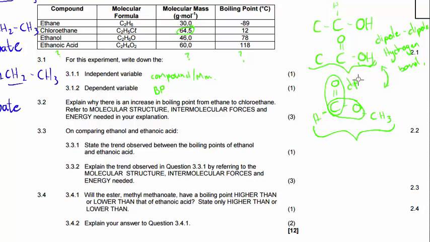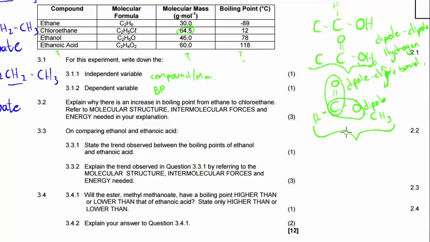Well, which is stronger? Dipole, dipole, or... Because what's the difference? This one has two dipole forces, and that one has a dipole and hydrogen bond. So the question is, which is stronger? Dipole or hydrogen bonds? Hydrogen bonds. Hydrogen bonds are stronger, because hydrogen bonds are oxygen pulling on hydrogen.